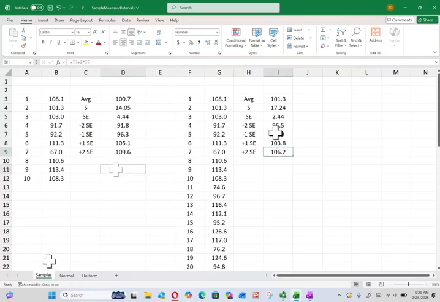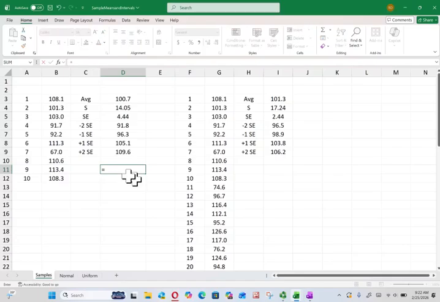Look at the standard error compared to the average. For the 10, pick a spot, and we want standard error 4.4 divided by the average.